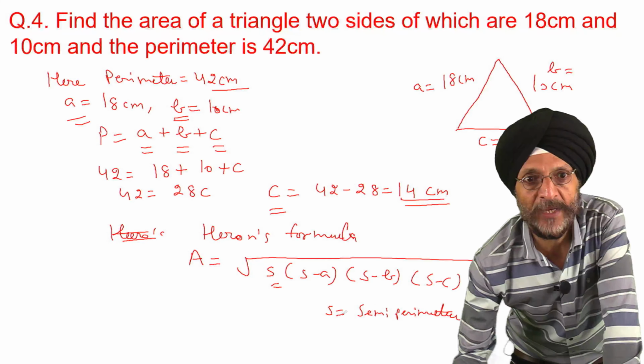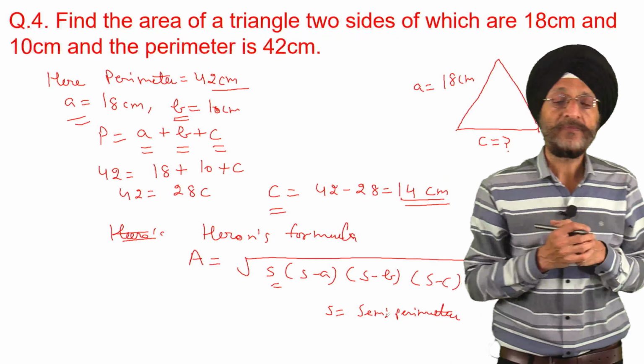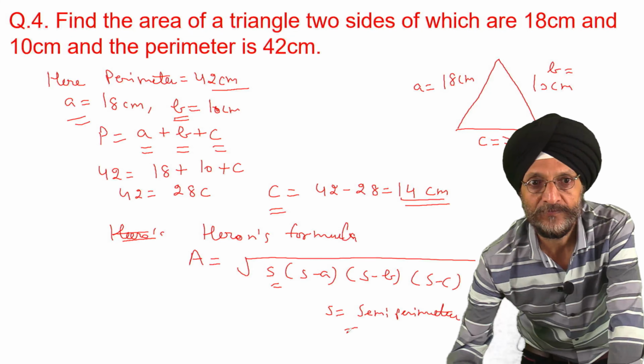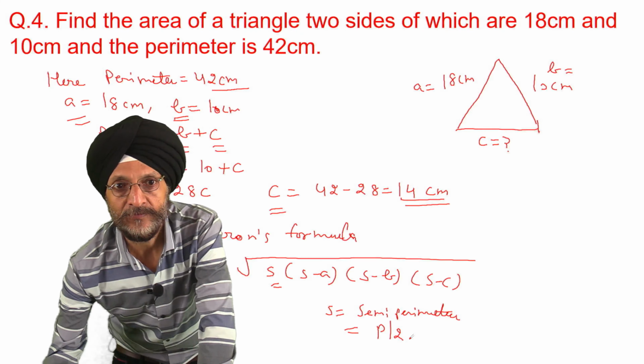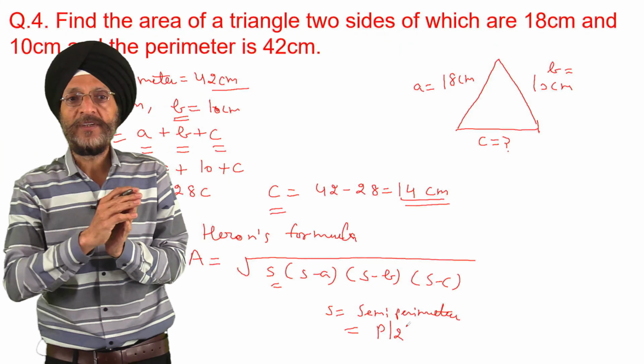What is semi-perimeter? Semi-perimeter is half of perimeter. Half of perimeter means half of the total length of the triangle.